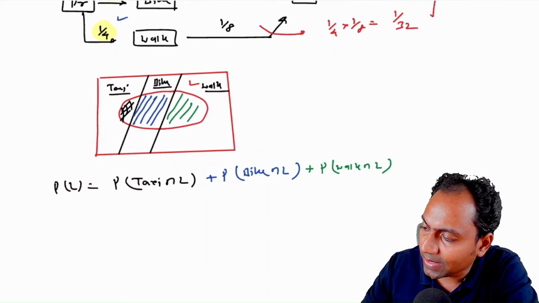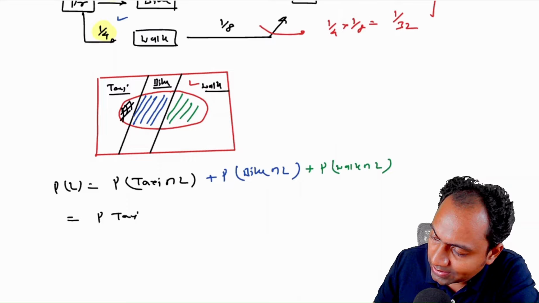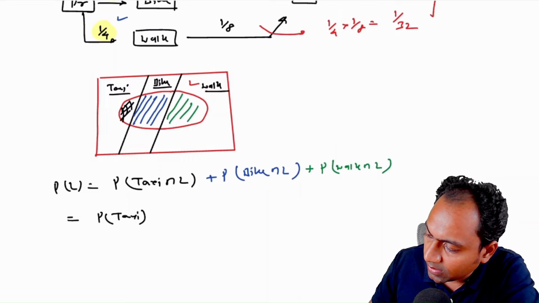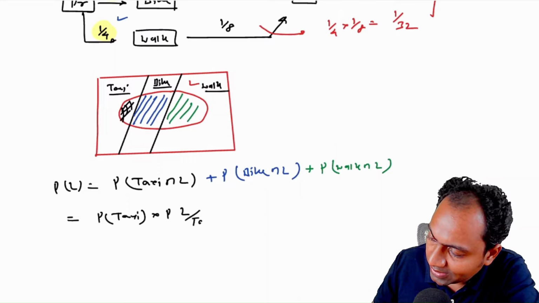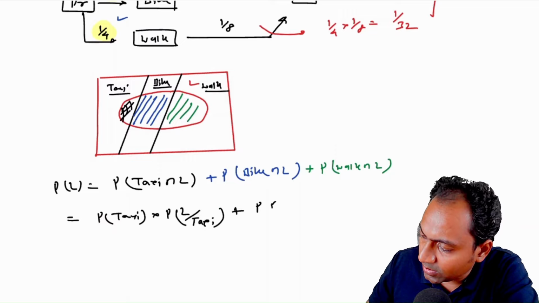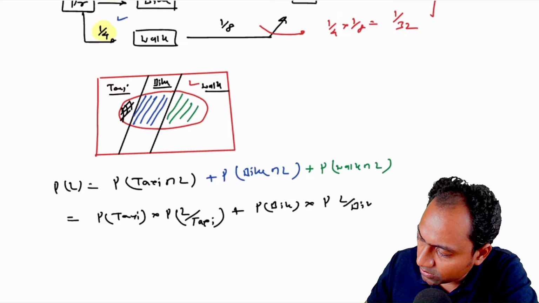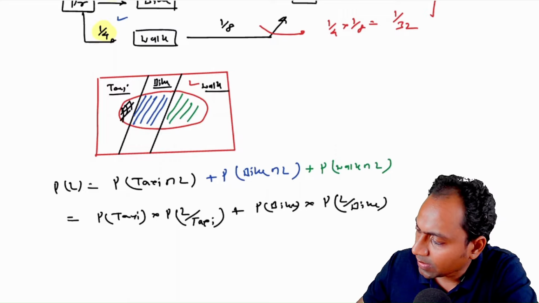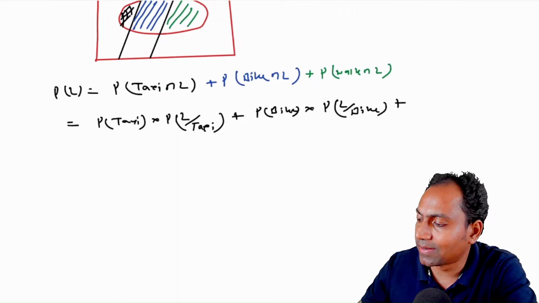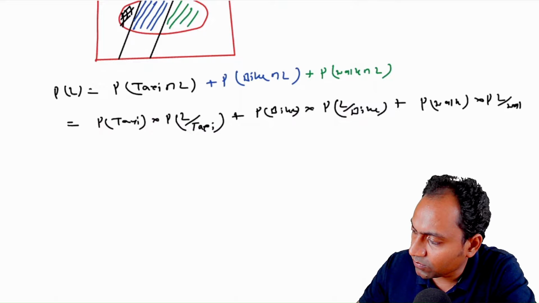Now if I apply my multiplication theorem here, this can be written as probability of taxi into probability of late when taxi has already occurred. This can also be written as probability of bike into probability of late when bike has already occurred. And the last one, we can write as probability of walking and probability of late when he has walked his way.